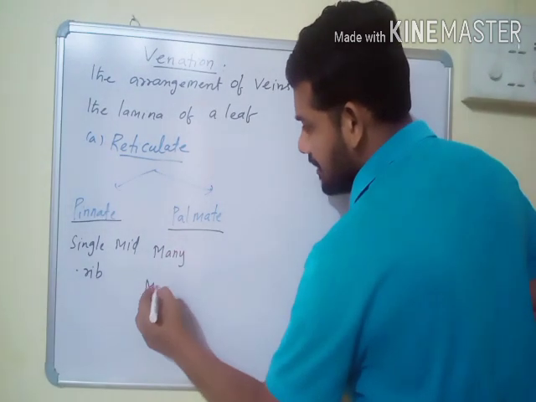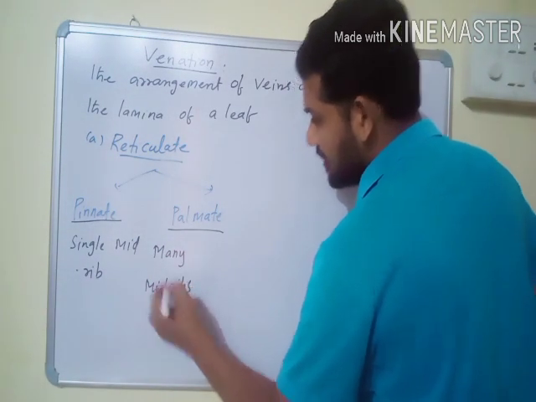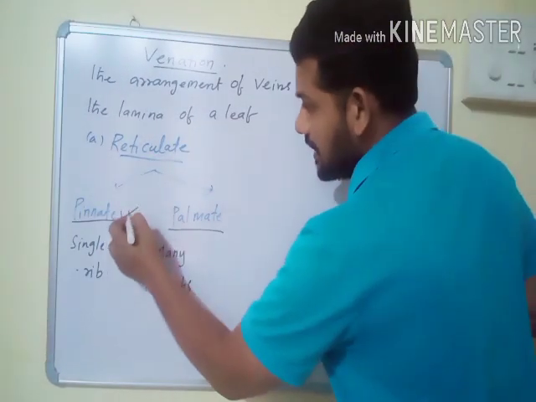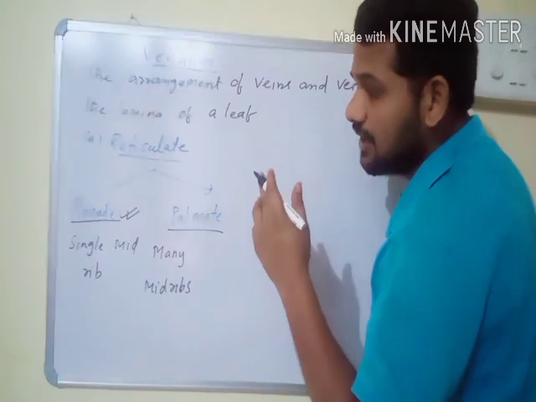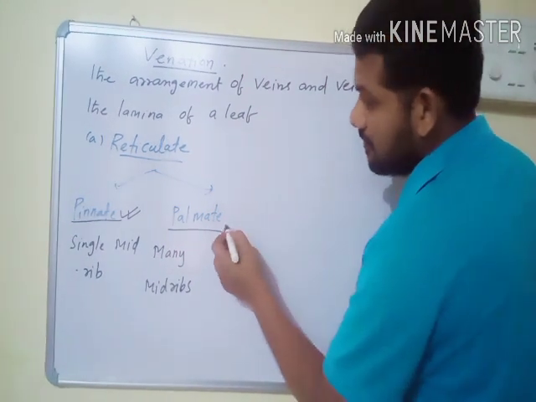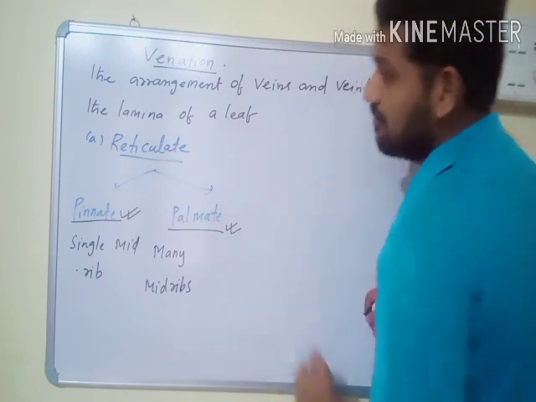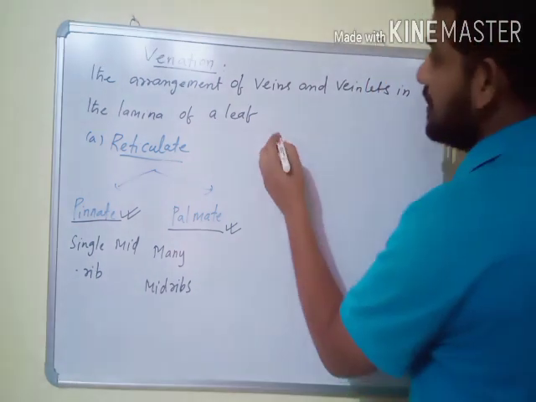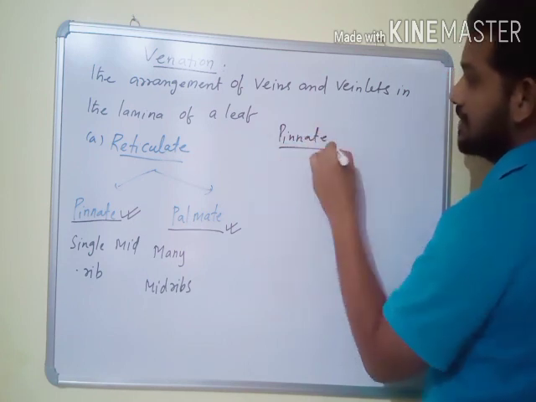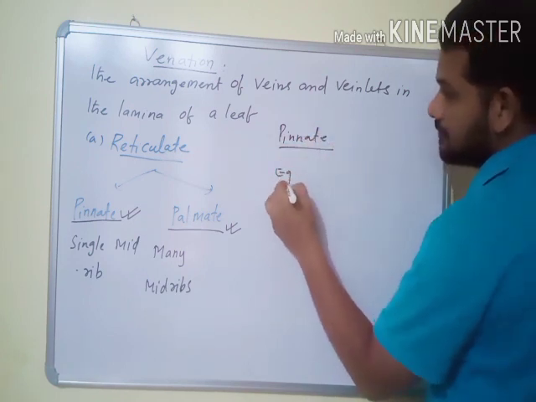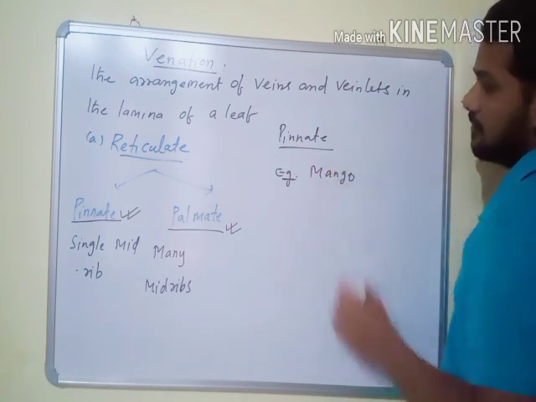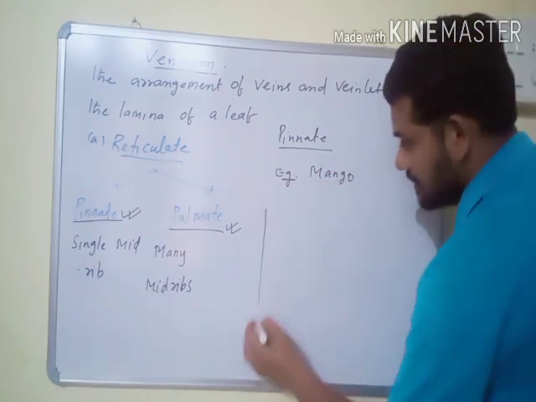What is the difference between these two? In pinnate reticulate venation, the lamina has a single midrib. In palmate reticulate venation, the lamina possesses many midribs. For example, pinnate reticulate venation, example mango, or many examples like this.